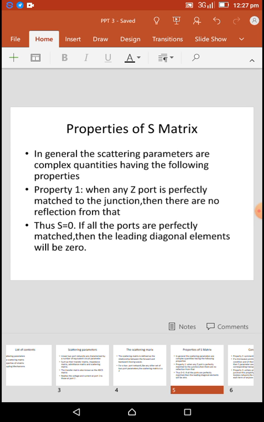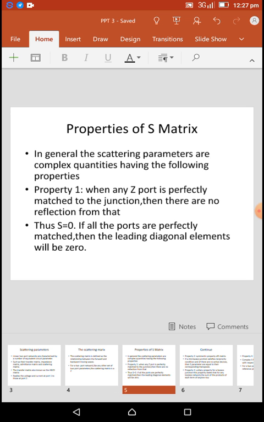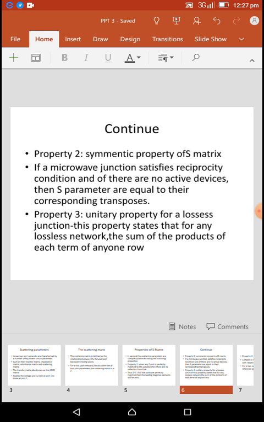This is property 1, a very important property.